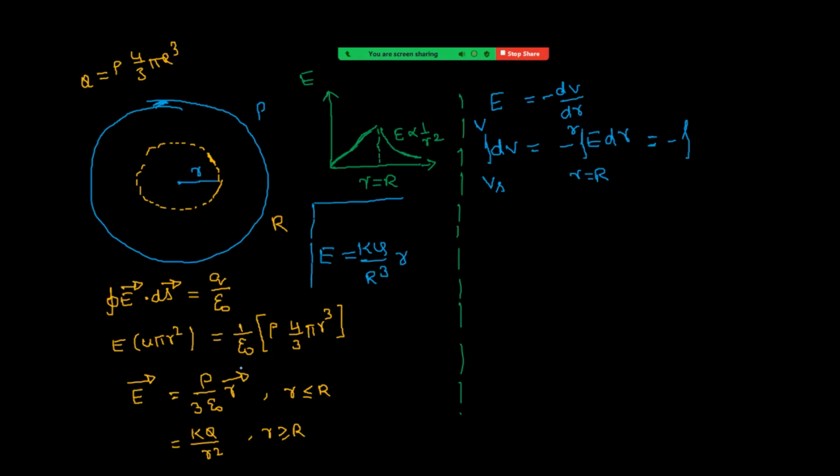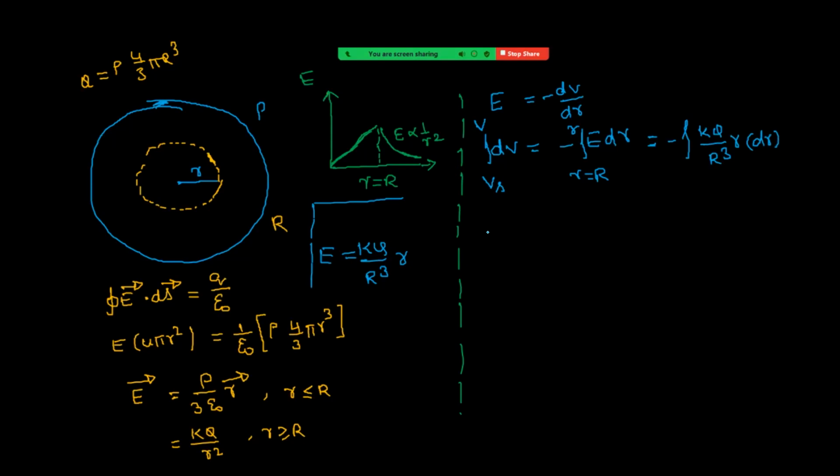How did we get this? In the place of rho, substitute Q by 4 by 3 pi R cube. Then we get K Q by R cube into r. Now substitute this in this one: K Q by R cube into r into dr.